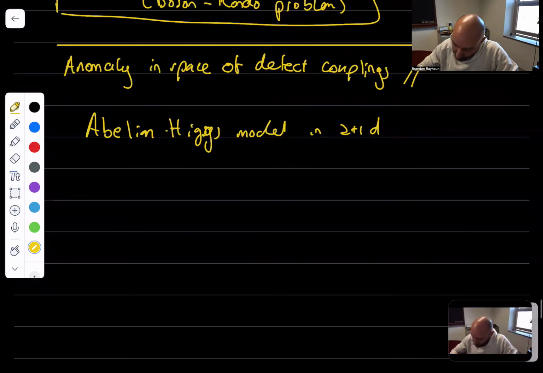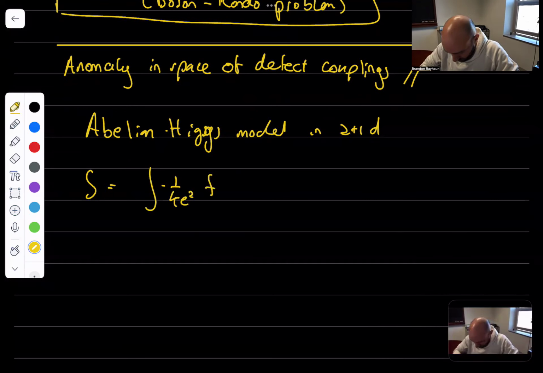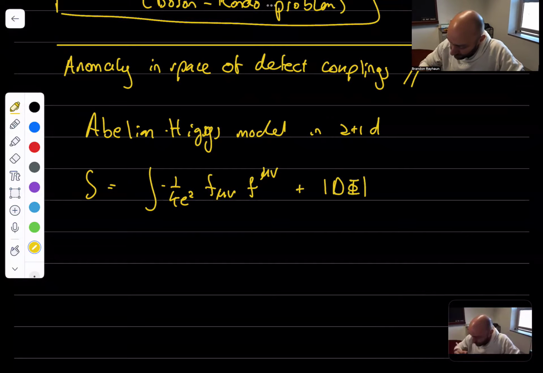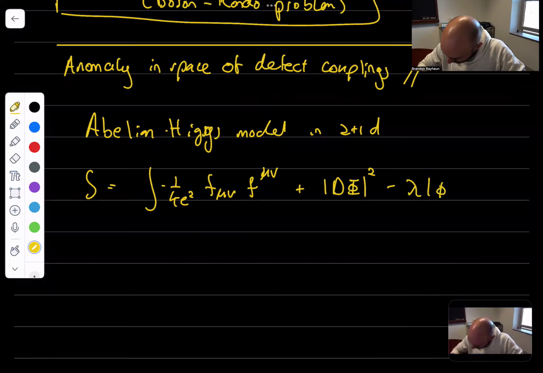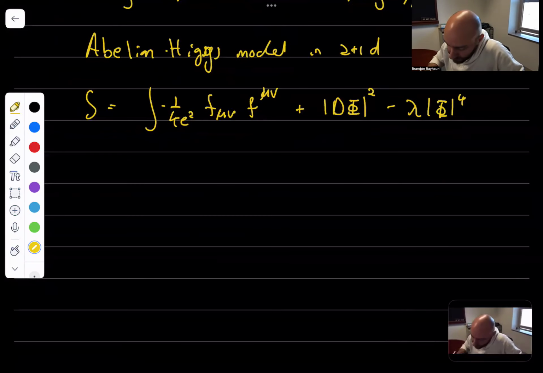So this is the theory of a U1 gauge field with field strength little f, coupled to a charge 1 complex scalar. Something schematically like this.